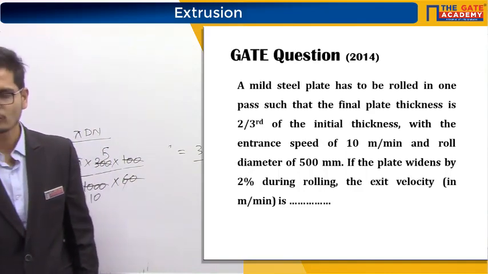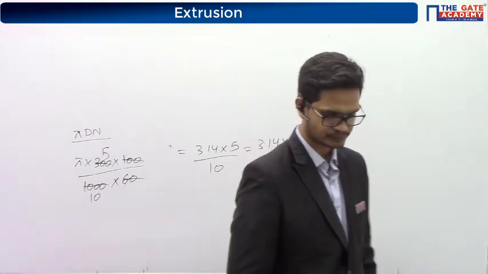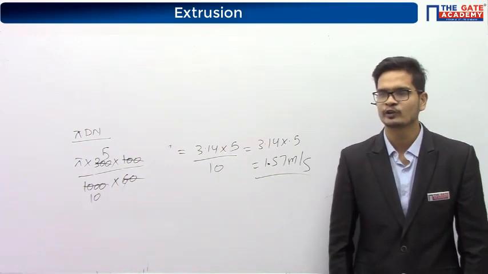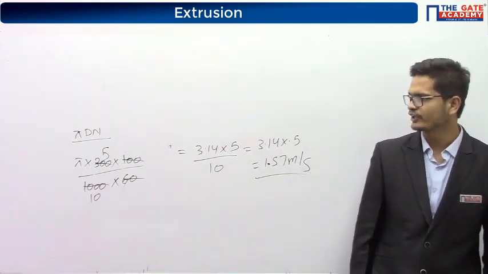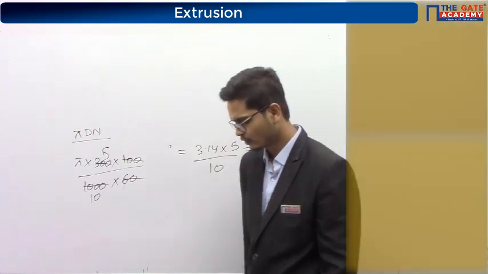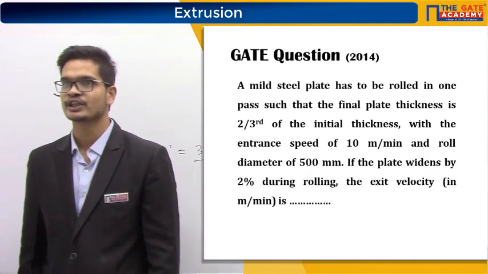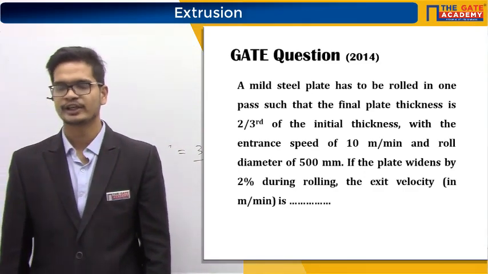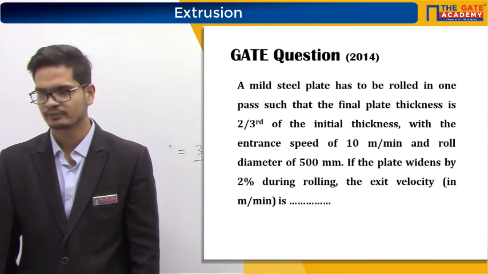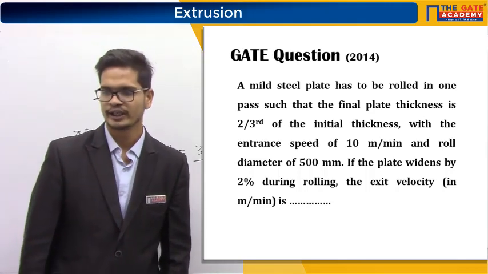What is the exit velocity in meter per minute? 2014 was the year in which NAT questions were started. Please tell me the answer for this question. A mild steel plate has to be rolled in one pass such that final plate thickness is 2/3 of the initial thickness.